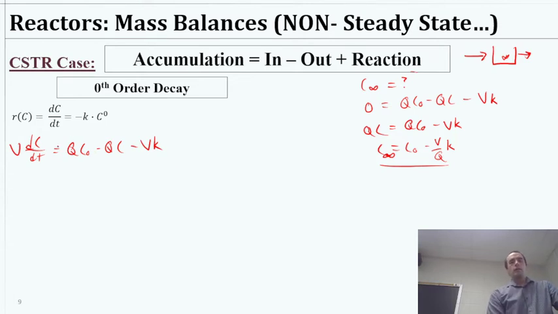When we do this, I'm actually interested in trying to solve my algebra in such a way where we have that V over Q on the K here. So what I'll do for now is I'll just say dC/dt, we'll go ahead and divide everything, but I'm going to leave it kind of obvious by just leaving it in the terms each time. So let's see.